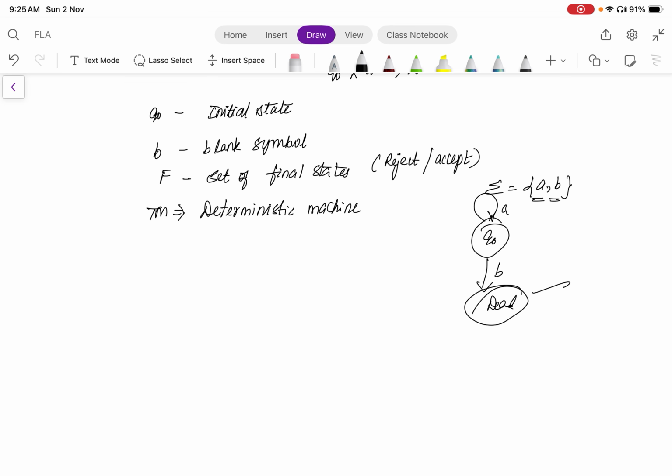In a Turing machine, it is understood that if there is no transition present for other inputs, then that particular string is rejected. So you don't have to give a transition for each and every state. If there is no transition for B, then obviously that string is rejected. So this is all about the Turing machine. In further videos, we'll see some examples for Turing machine.